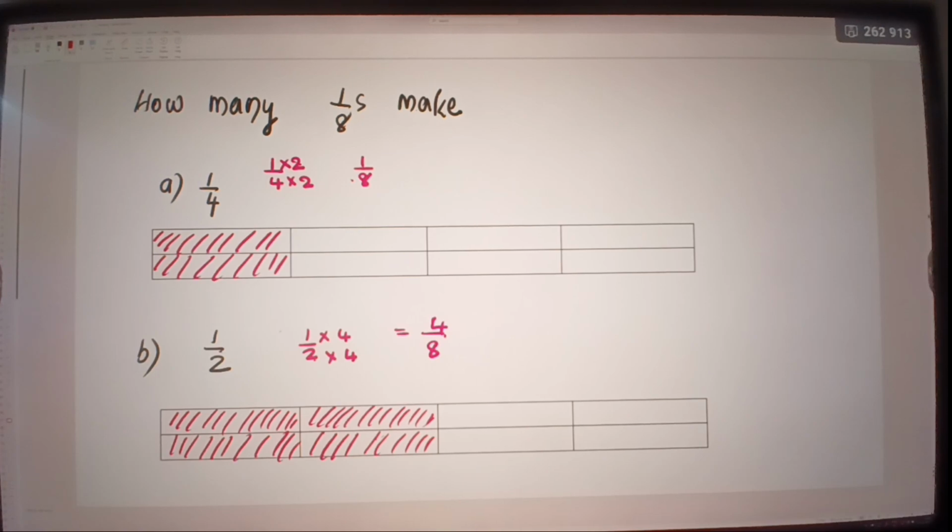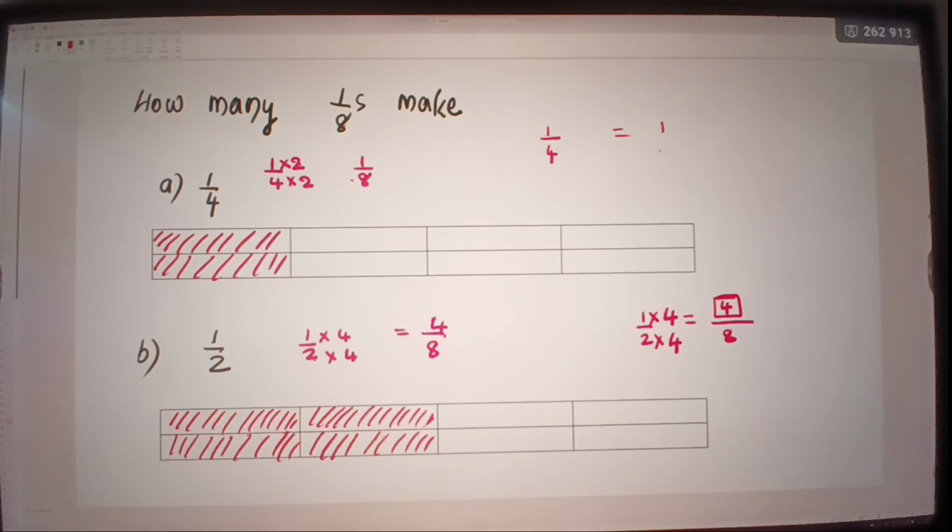So 1/2 is the same as something over 8; you are asked to find what times 2 gives you 8. 4. So you want to do the same operation on numerator and denominator. So the unknown number is 4. So you want to shade 4 rectangles.